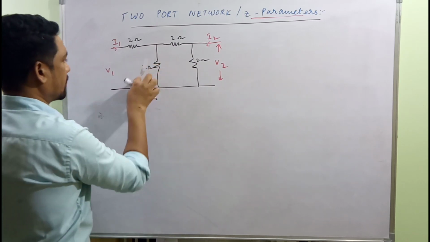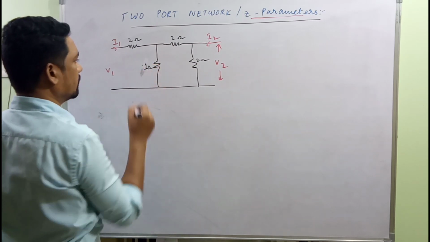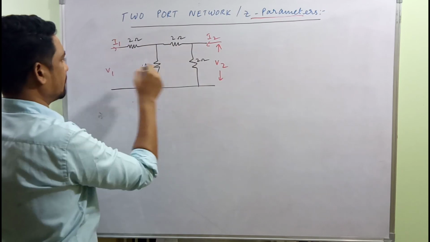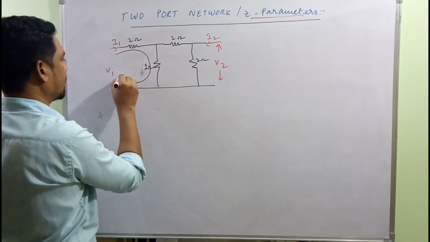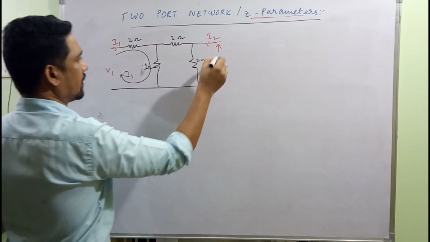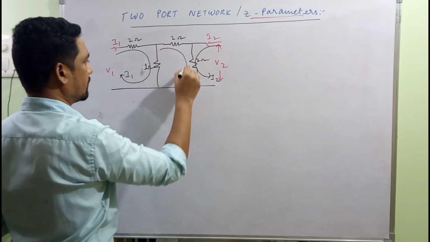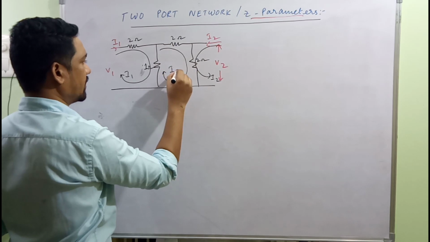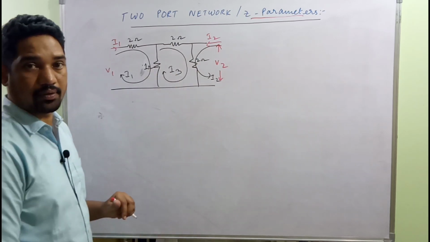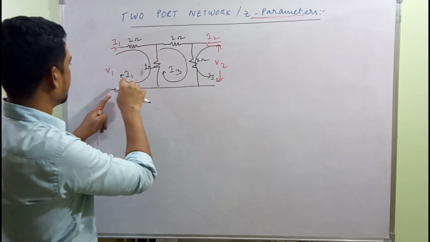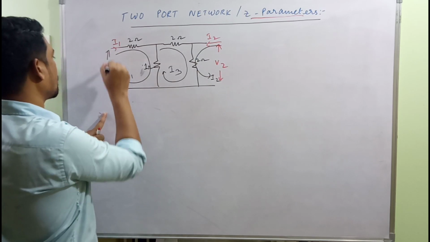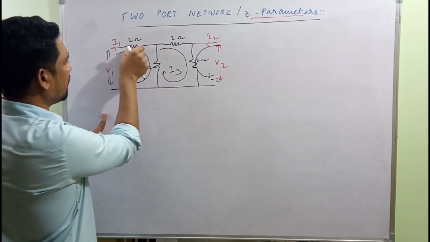Sorry, 1 ohm. If this is the arrangement, I1 will be flowing like this, and here we have I2 and another current, let this be I3, flowing over here. Writing the drops, this voltage drop is equal to this drop plus this drop.